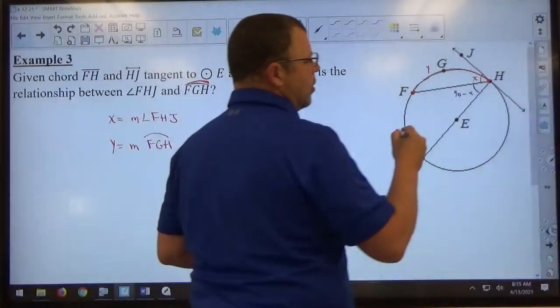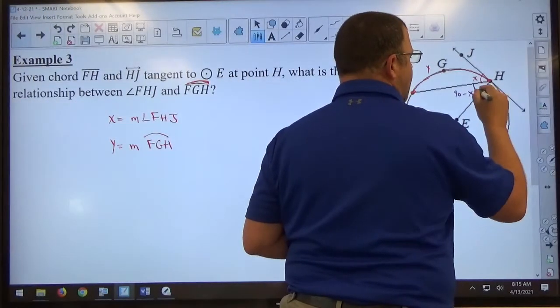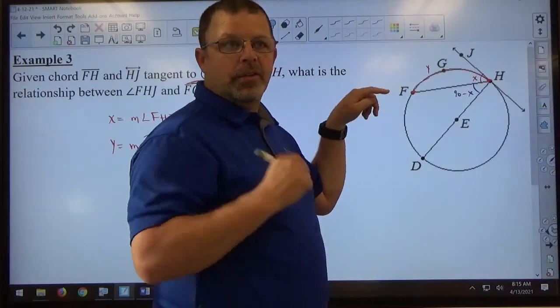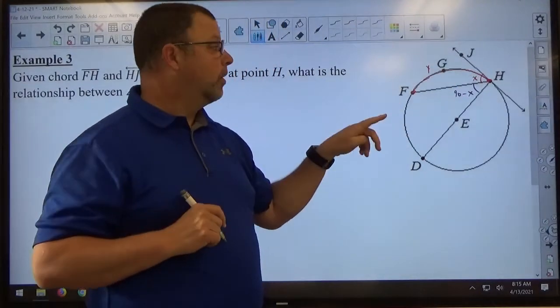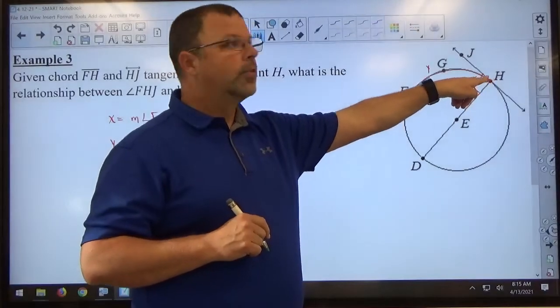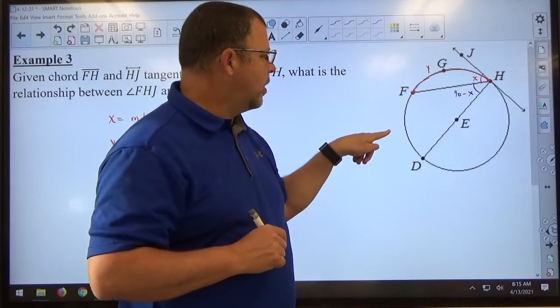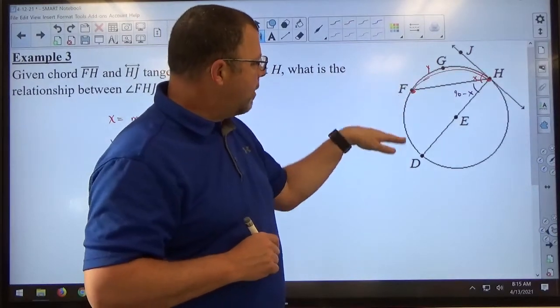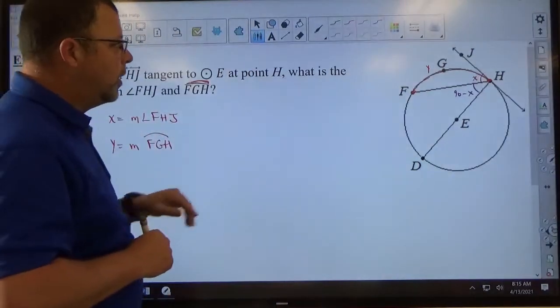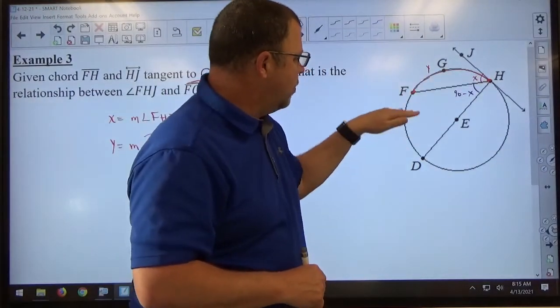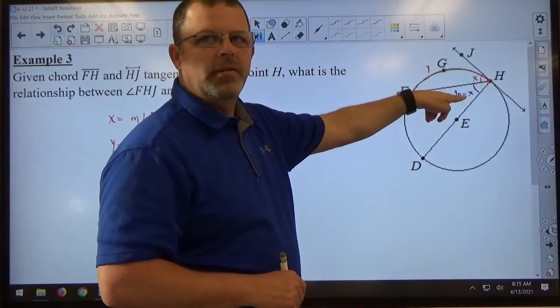Using the relationships we found yesterday, angle FHD is an inscribed angle in the circle. An inscribed angle has a vertex sitting on the edge of the circle, and it is half the measure of its intercepted arc. So FD, the intercepted arc for the inscribed angle FHD, should be double this angle.